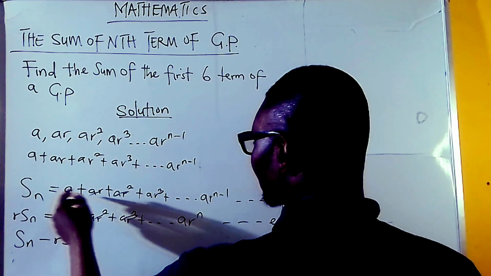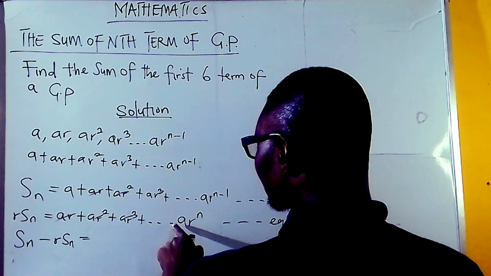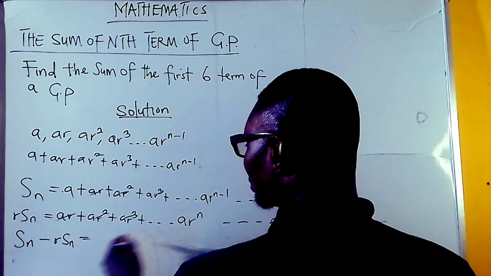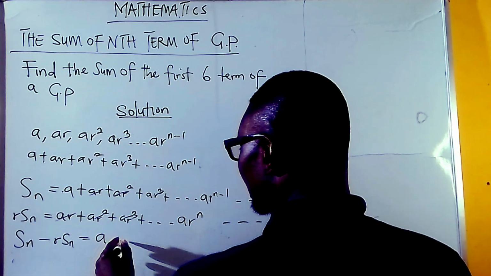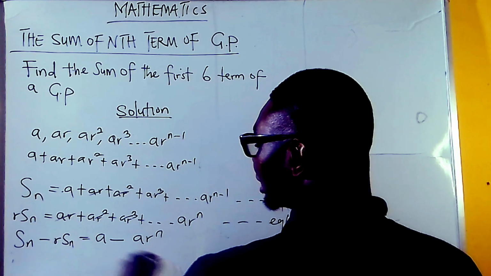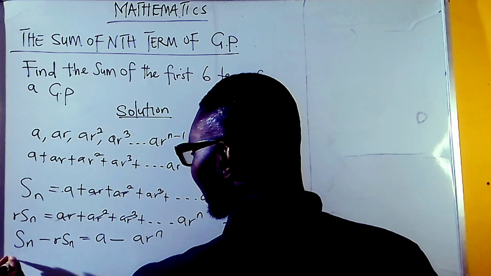So you are left with what? This minus the second to the last term of this. That one will go. So you are left with a and this. So it's now going to be a minus ar^n. So at this point, you factorize.